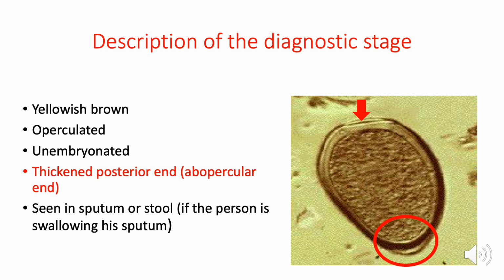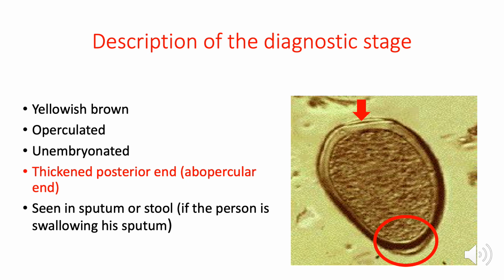Do you know that the ovum of Paragonimus almost looks the same as that of the other members of the PEFF acronyms, the Echinostoma, the Fasciola, the Fasciolopsis. But there's one feature that you can check on the egg or ovum of Paragonimus that will help you identify it from EFF. And that is the thickened posterior end, and that's the one encircled in the picture.